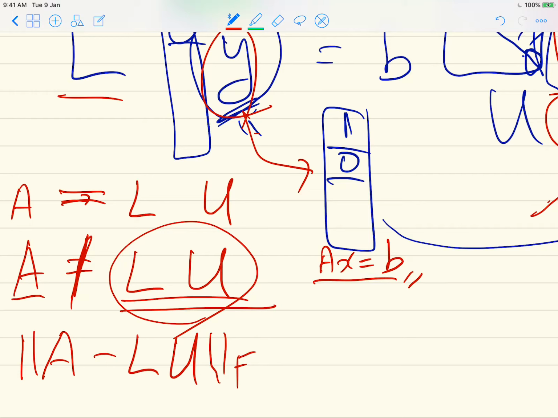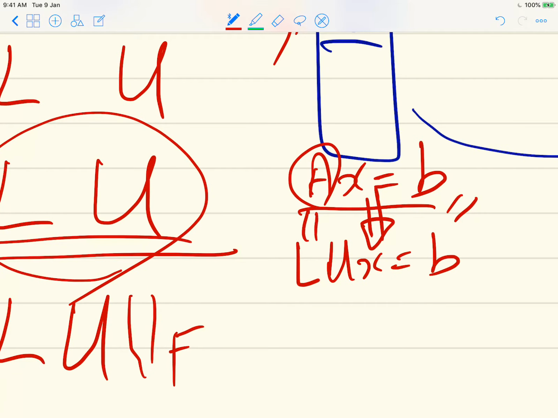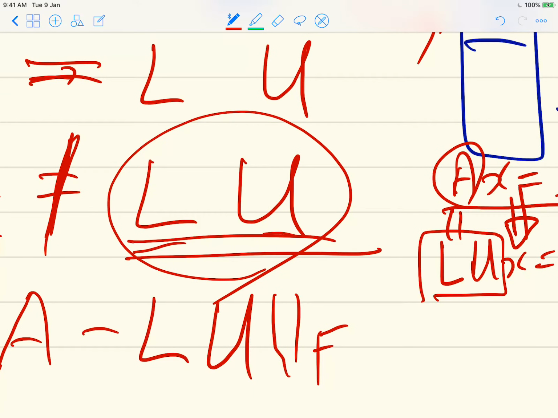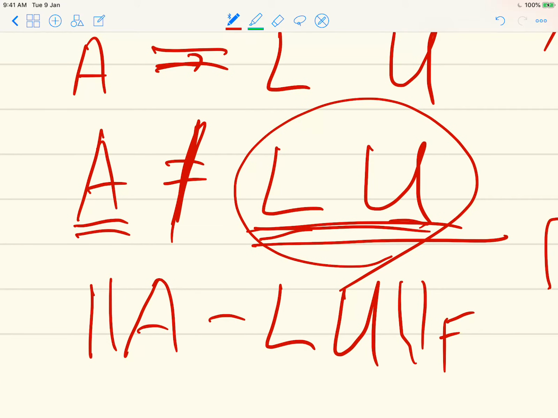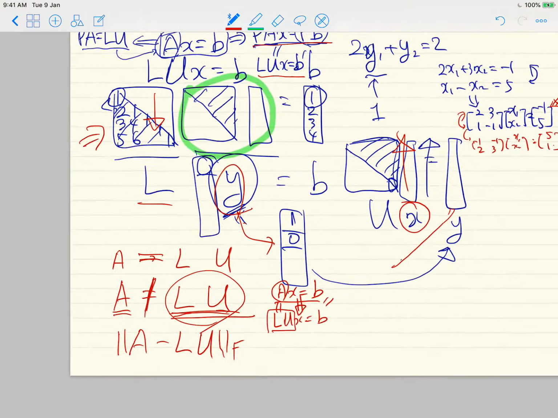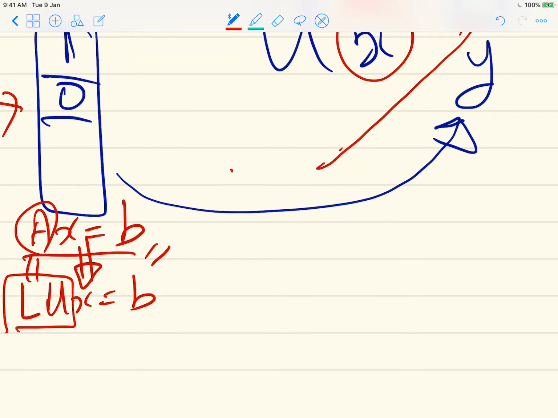originally we have to solve this equation, but changing this equation into this form is based on the assumption that A should be exactly the same as LU, right? But during the process of obtaining L and U, if we introduce a really large error, they are no longer the same as each other, and in that case, the solution from here and the solution from here may be really, really different, right?